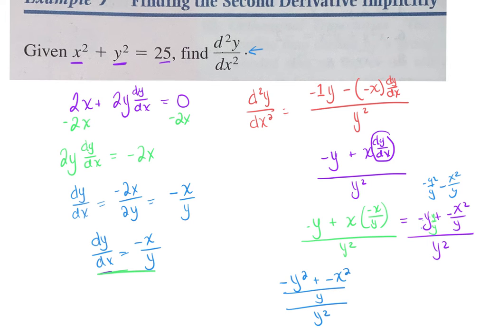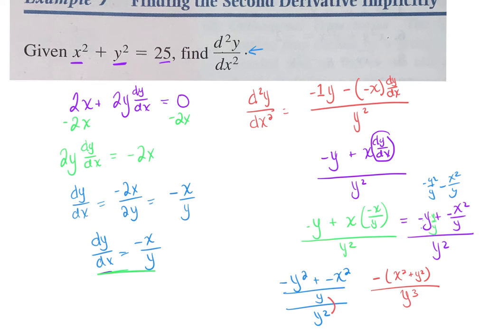All right, now here's the fun part. I'm going to take a negative out of this numerator and put it in order, x squared plus y squared, okay? So far, so good? And when you have a denominator over a denominator, you can just multiply your denominators. Because if you keep, change, flip, you're going to end up having y times y squared, so this is y cubed, okay?